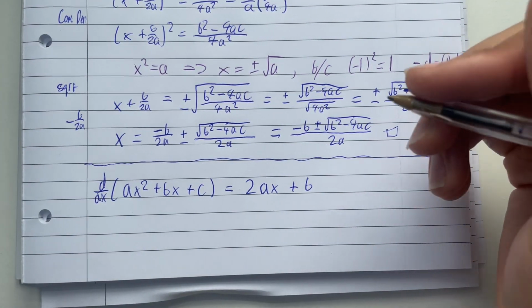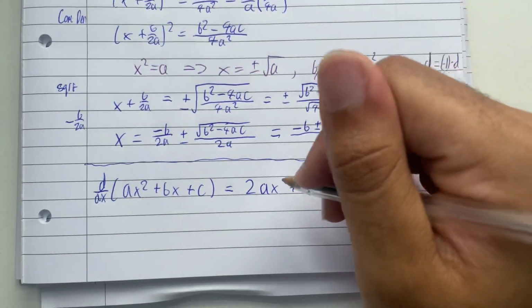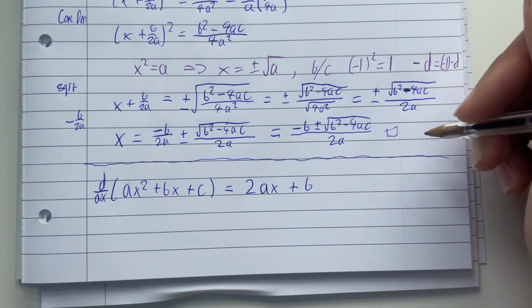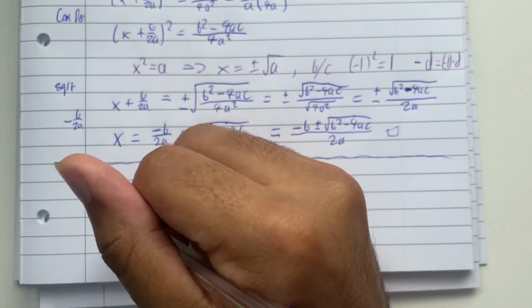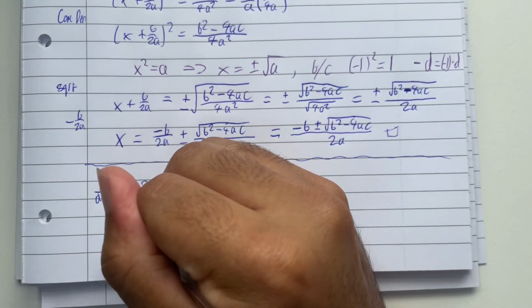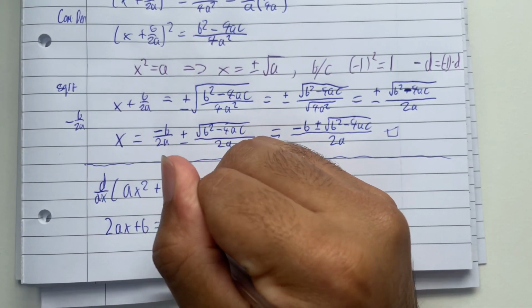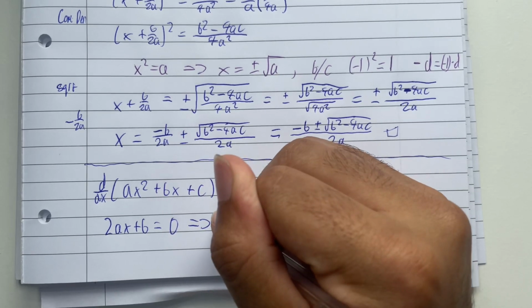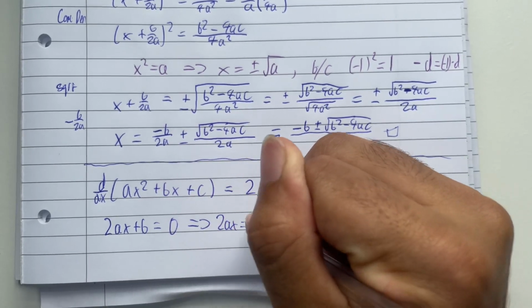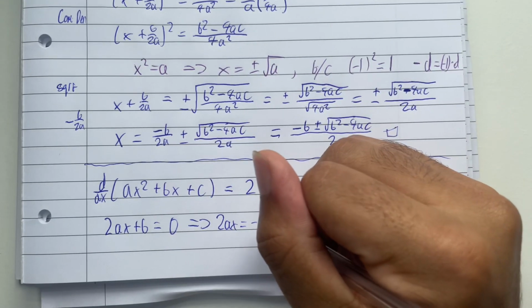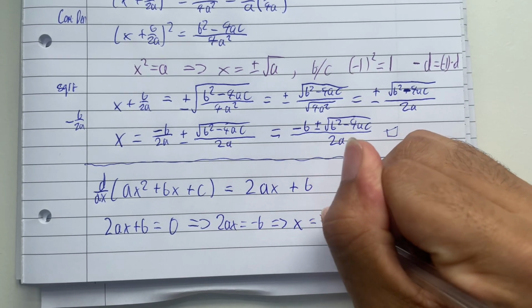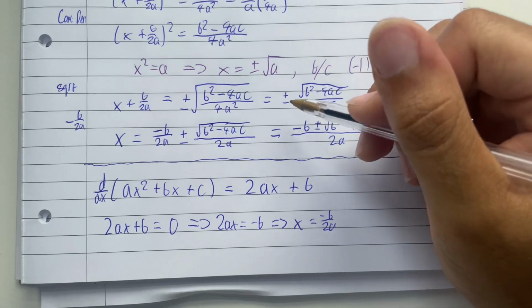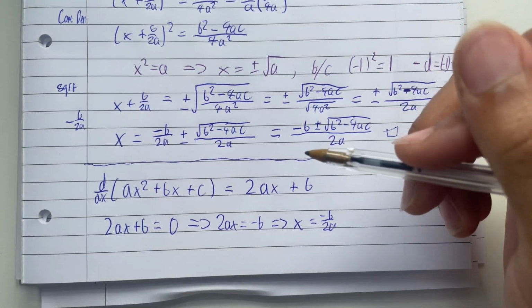Now, this is going to tell you the gradient at any point. At the minimum or maximum point, the gradient will be 0. So, setting this equal to 0 would imply that 2ax is equal to negative b, which would imply that x is equal to negative b over 2a. See how it shows up in our quadratic formula?